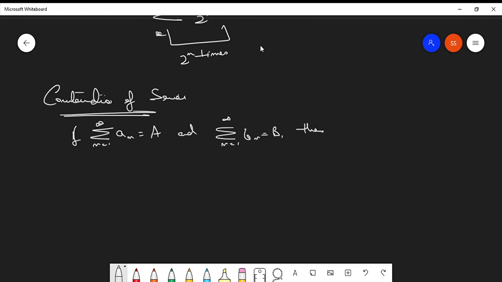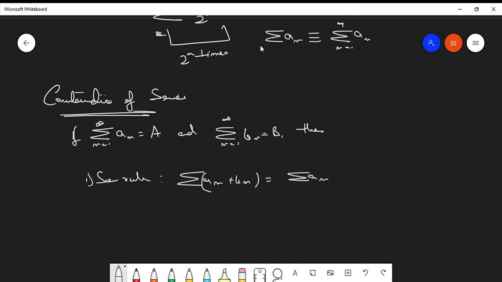Then the first one is called the sum rule. The sum rule says that summation of (an plus bn) is equal to summation an plus summation bn, which is equal to a plus b. So if you put a minus here, you get a minus here as well.